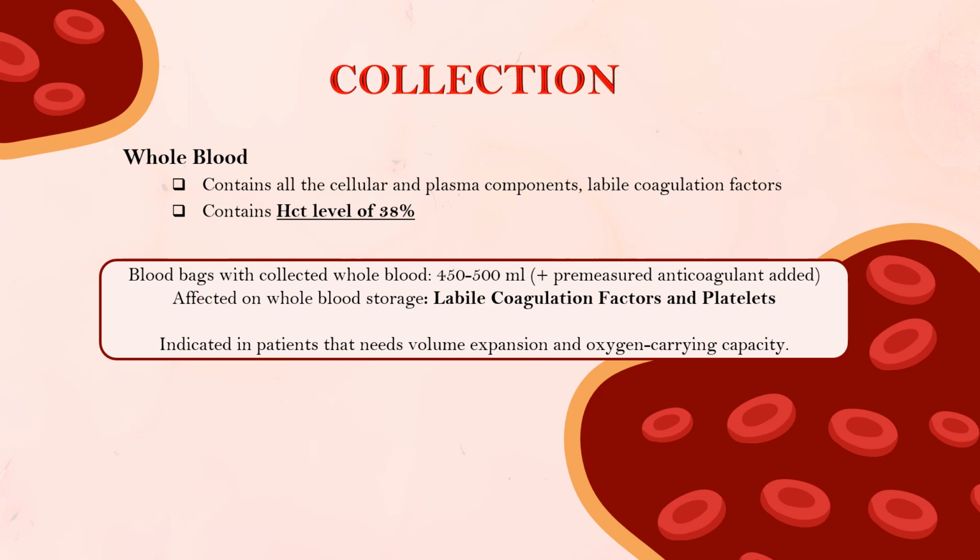And these are a few of the main reasons why there is really a need for component preparation, to separate components like your platelets from your whole blood, because the storage viability for whole blood differs from the storage viability for platelets. Whole blood is actually indicated in patients that need both volume expansion and oxygen carrying capacity, which may be due to extreme blood loss or patients with disease processes that reduce RBC count.